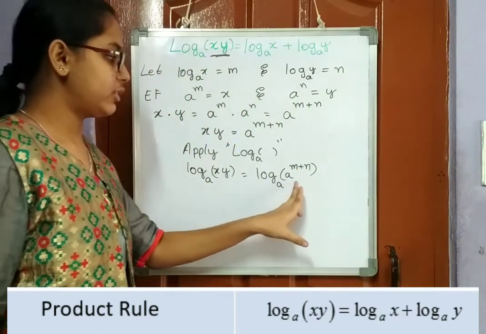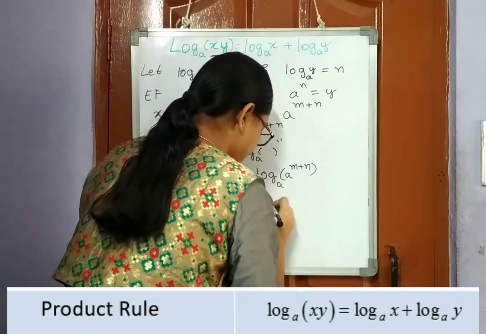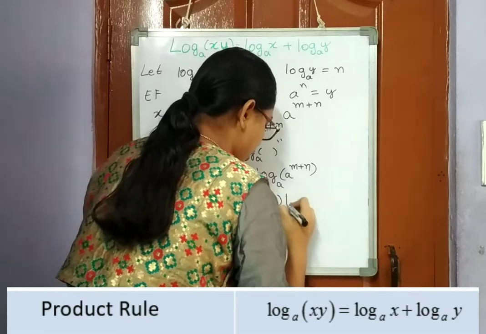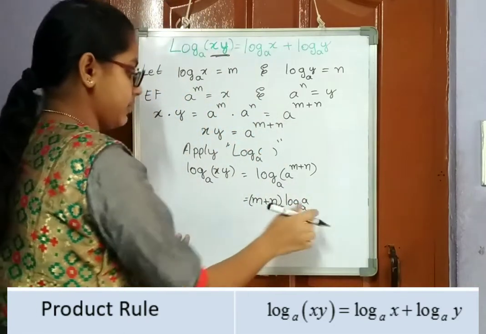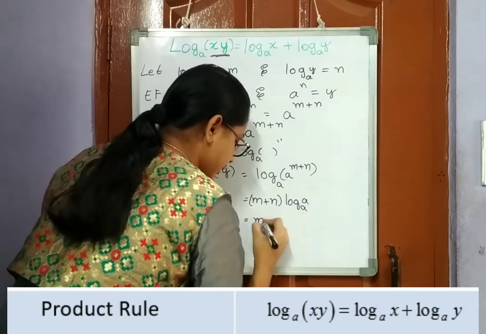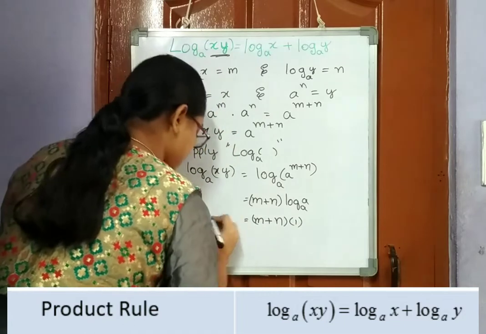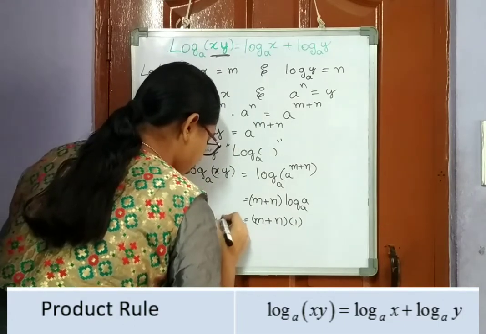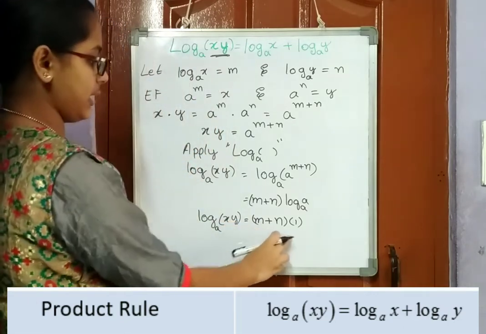As we have a to the power of m plus n, we can write this as m plus n log a to the base a. Log a to the base a is 1. So we will get m plus n into 1. That is, log of xy to the base a equals m plus n.